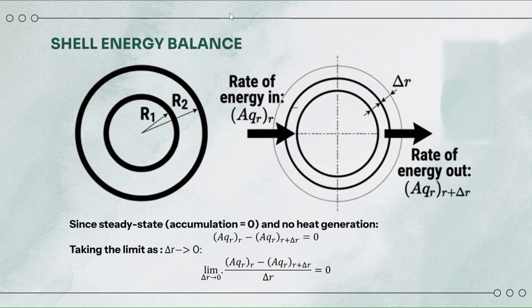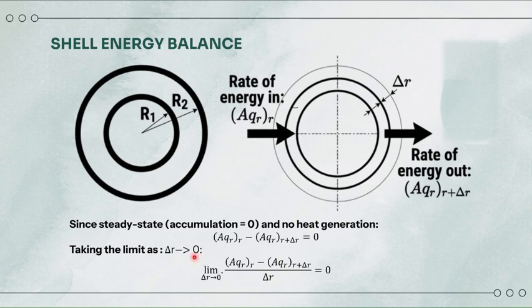Now we will consider a thin cylindrical shell of thickness delta r, and we will apply an energy balance on this element. At steady state, the heat entering the shell must be equal to the heat leaving it. So we write heat in minus heat out equal to 0. Mathematically, this will be written like this.